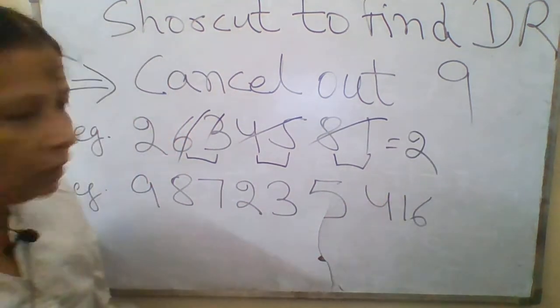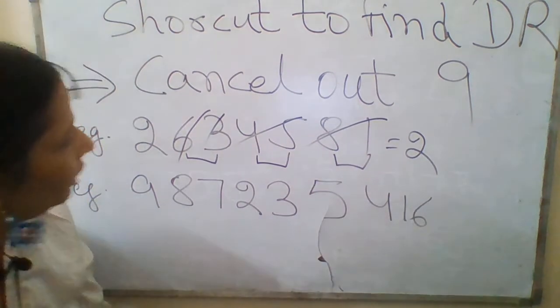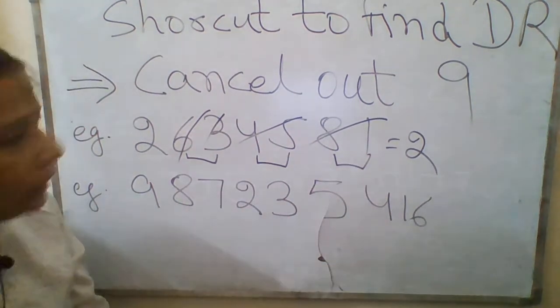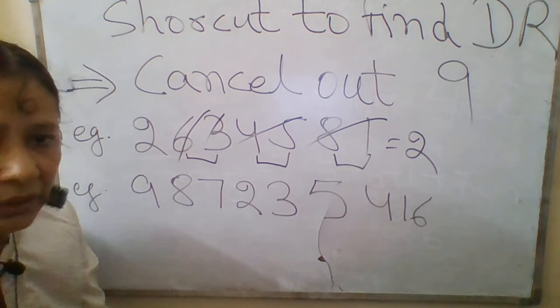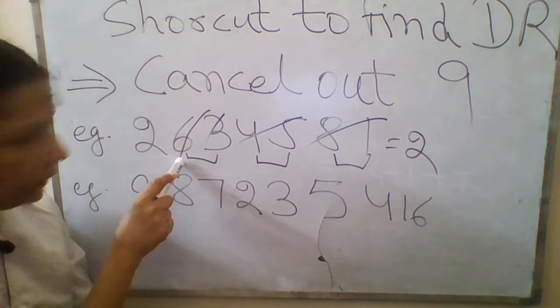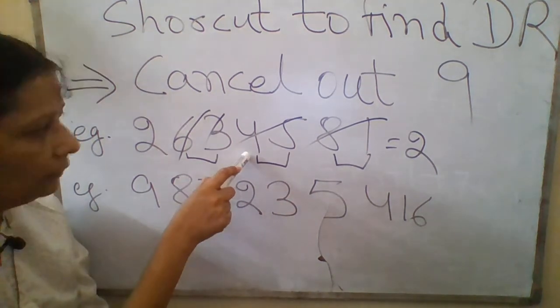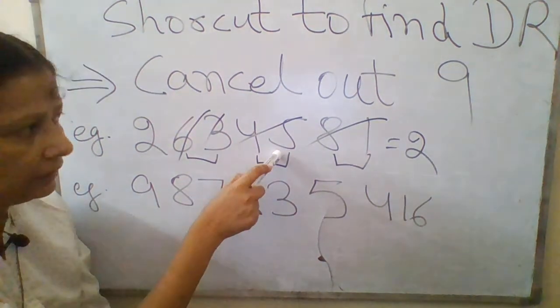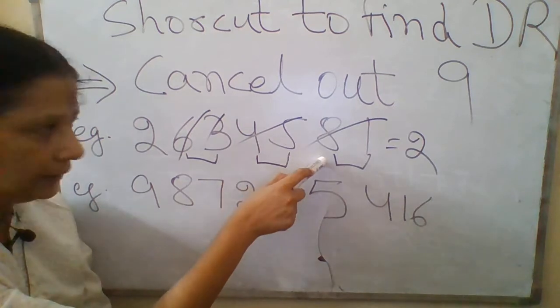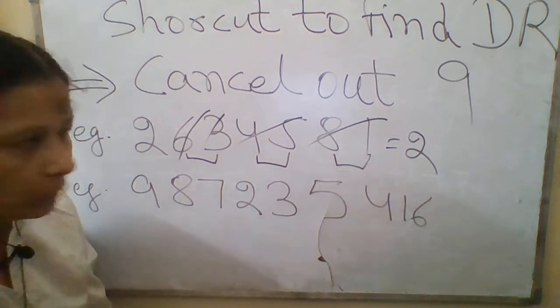What is left here? 2. Now like this also you have got 2, and if you add all these digits, then also you will get the same. See, 2 plus 6 is 8, 8 plus 3 is 11, 11 plus 4 is 15, 15 plus 5 is 20, 20 plus 8 is 28, 28 plus 1 is 29.